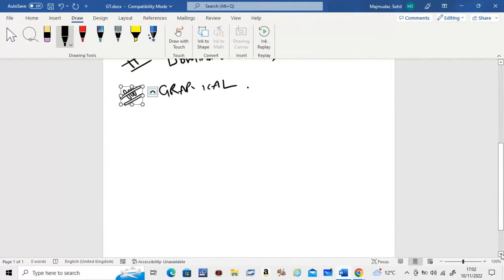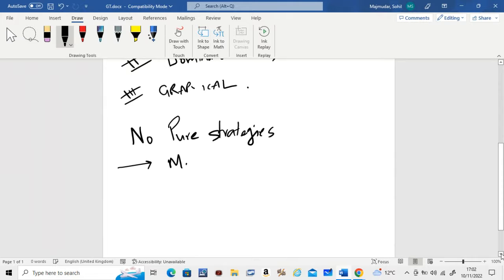Just make a note, just because this game does not have a saddle point, it means it will have no pure strategies. If there are no pure strategies, we move on to mixed strategies.